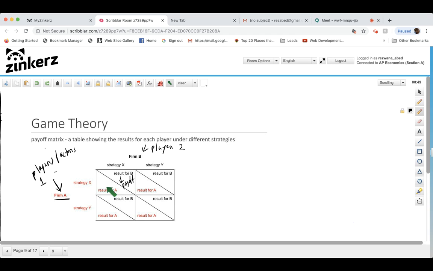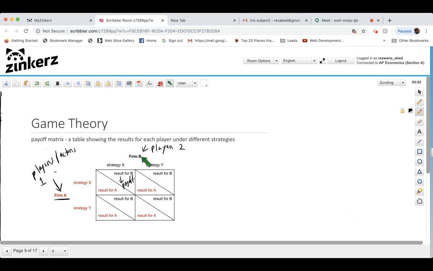Anytime you want to find the payoff or outcome for farm A, it's always going to be on the left-hand side, since A is player one. The player you have on the left-hand side, the results for them also come first.